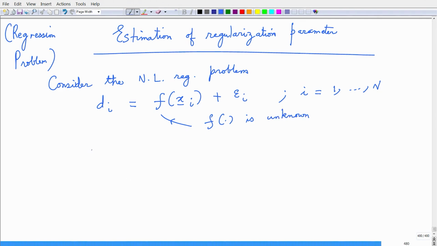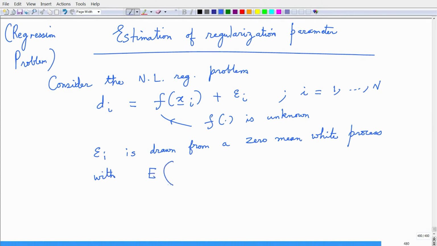And we assume that epsilon_i is drawn from a zero mean white process with the covariance given by the expected value of epsilon_i epsilon_k. This expectation is sigma square when i equals k and 0 else.